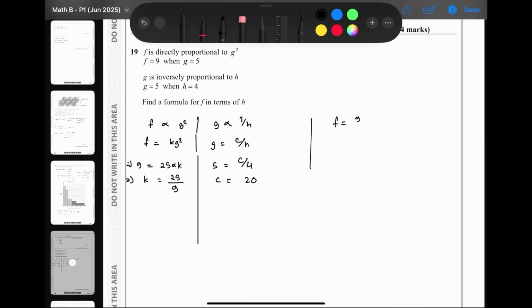Now we reconstruct our equation, replacing the variables of the constants with their values.